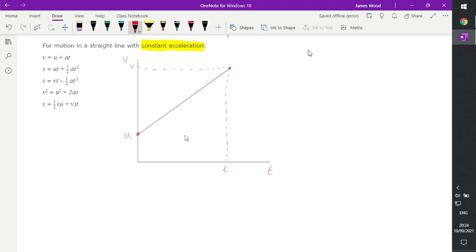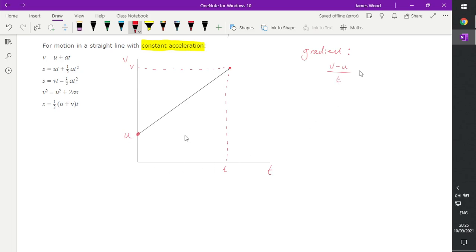So let's look at the gradient first of all. Okay. If I look at the gradient, that's the change in y. So the change in y is going to be v minus u, okay, because it's the height of this triangle here. So that's v minus u. The change in the x-axis is t.